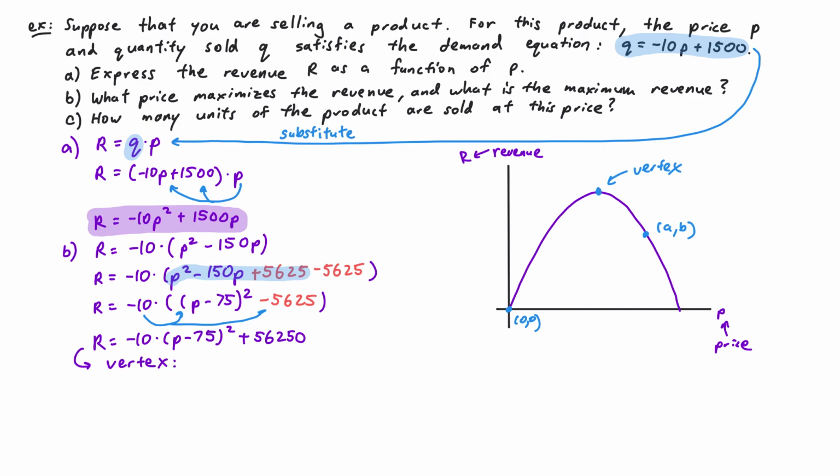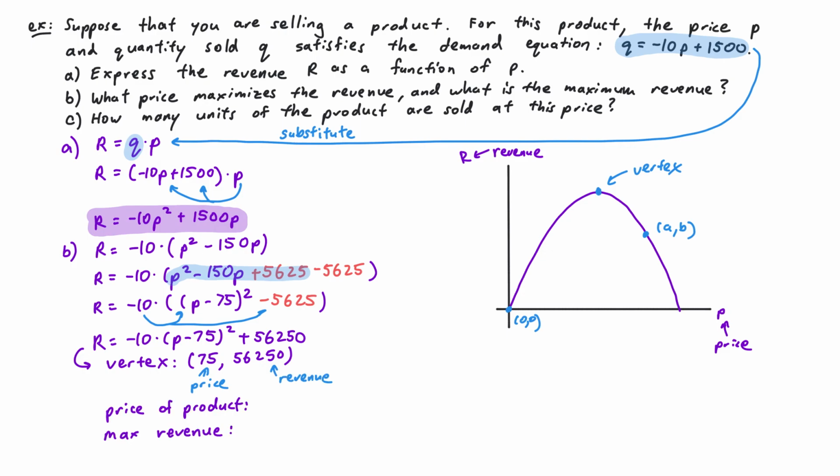Now that we have our quadratic in standard form, we can easily identify the vertex. To find the first coordinate of the vertex, we flip the sign of the number that's with our variable inside the square. So our first coordinate is positive 75, and then our second coordinate is the number that's at the end. That's the 56,250. And remember, this is the highest point that's on our graph. Specifically, the first coordinate here tells me about the price, and the second coordinate tells me about the revenue.